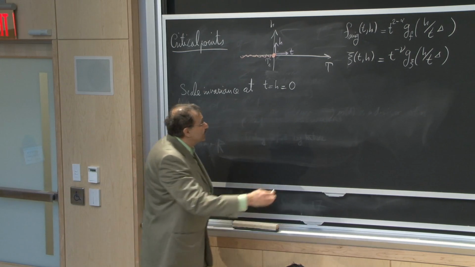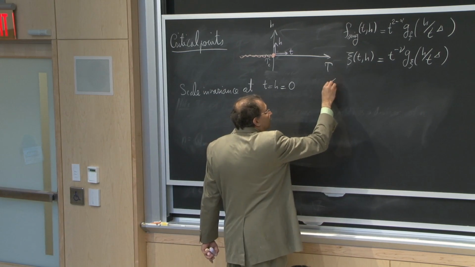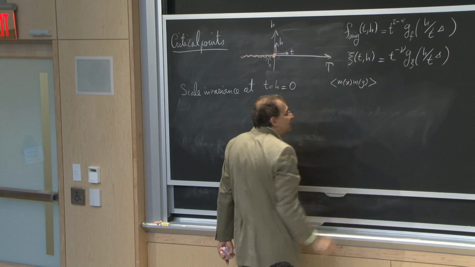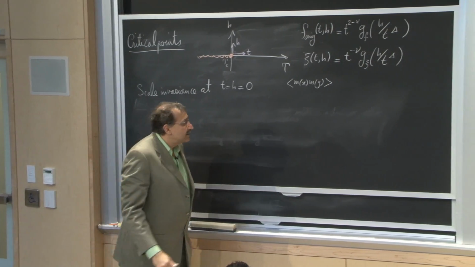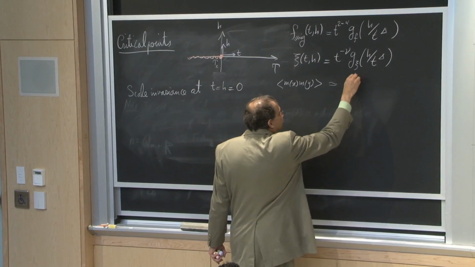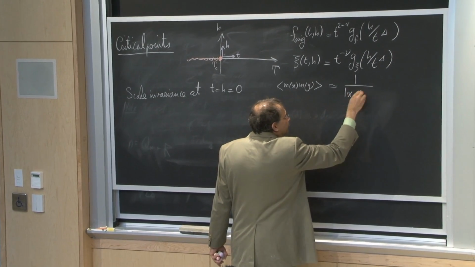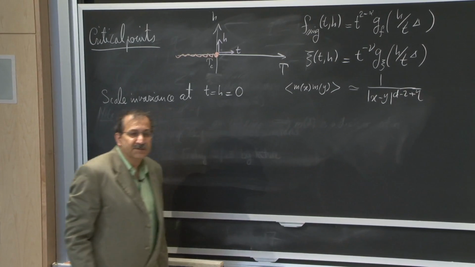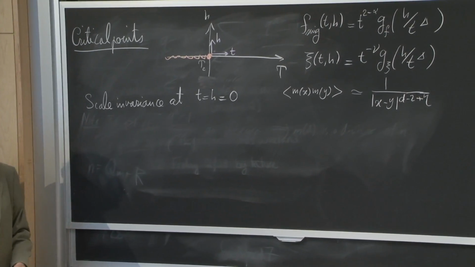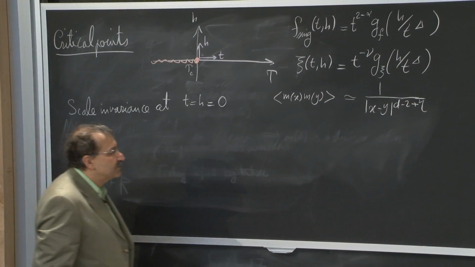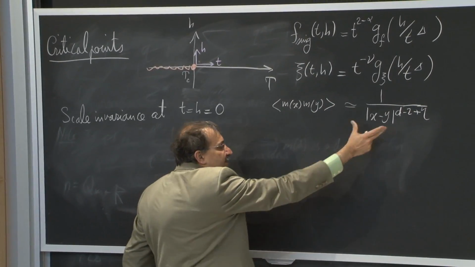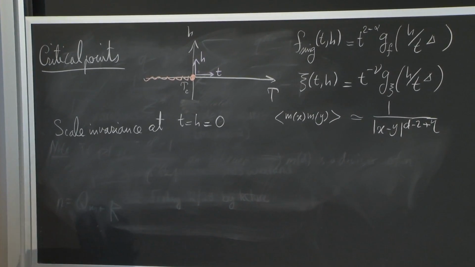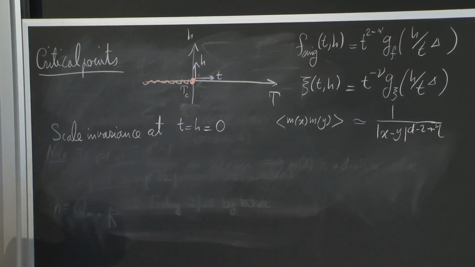And we said that therefore, if I were to look at some kind of a correlation function, such as, say, magnetization in the case of a magnet, the only way that it can decay with separation is as a power of a distance. And this clearly has the property that if we were to rescale x and y by a certain amount, this correlation function merely gets multiplied by a factor that is dependent on this rescaling.